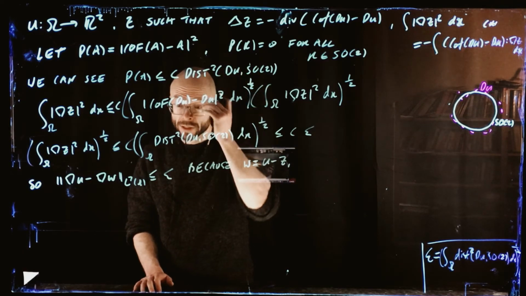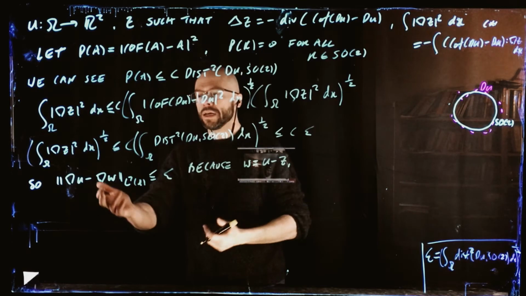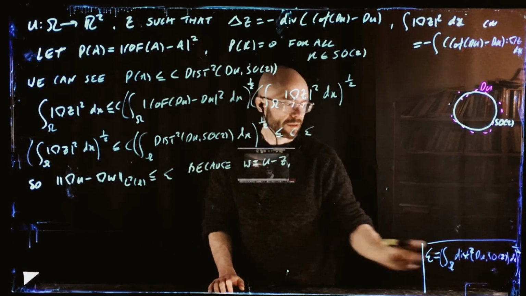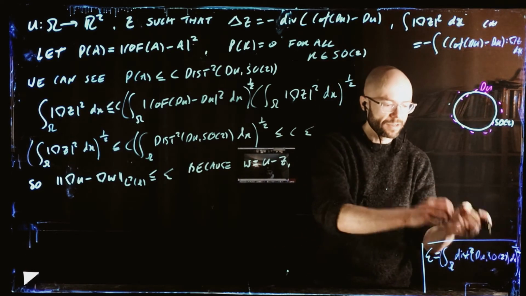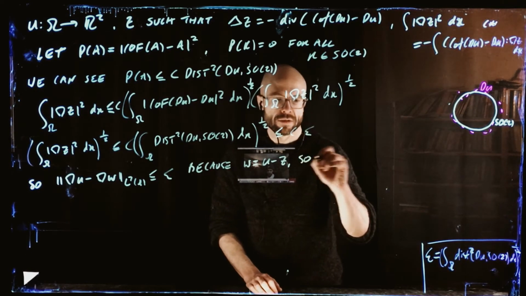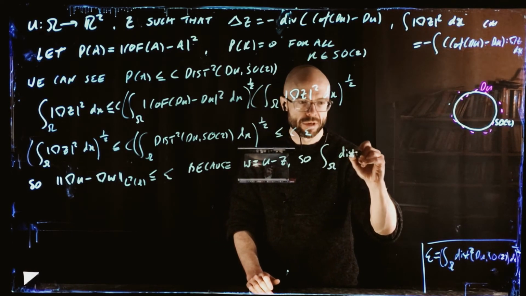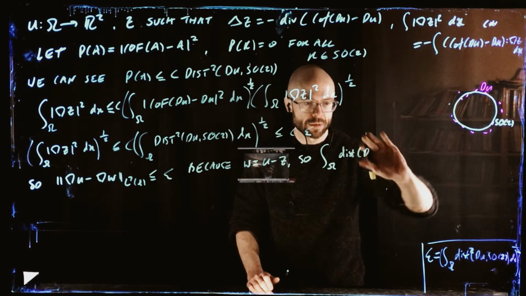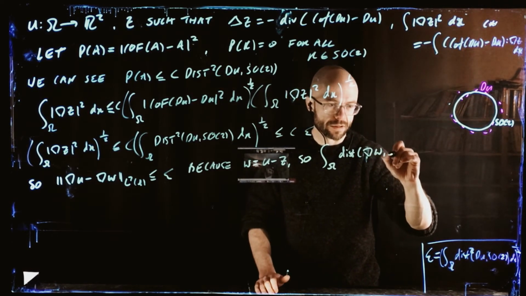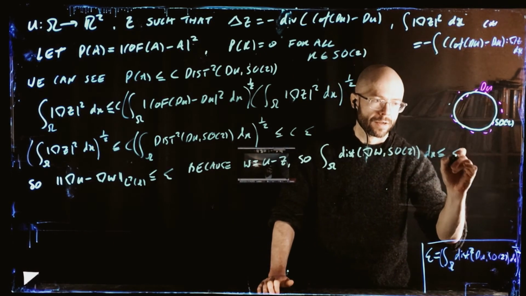Yeah, and the L2 norm of the gradient of z is less than epsilon. So we have the same hypothesis for w as we had before. So this hypothesis that the L2 distance of the gradient of u away from rotations is equal to epsilon. So now we have the same hypothesis, but now for this much more convenient function, w. So I've been writing gradient like this, so I should be consistent. Yeah?